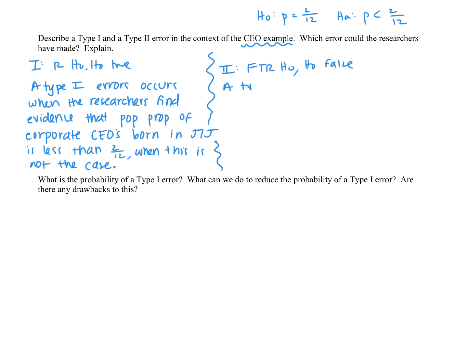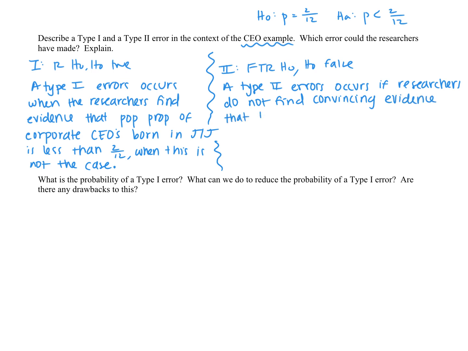So a type 2 error occurs if researchers do not find convincing evidence that the population proportion of corporate CEOs born in June and July is less than 2 out of 12.